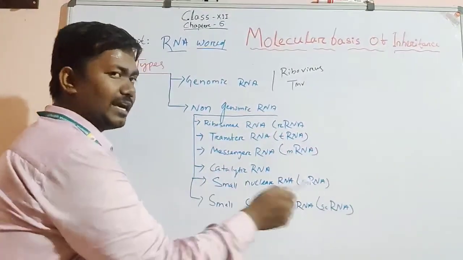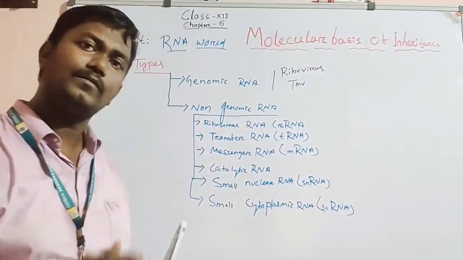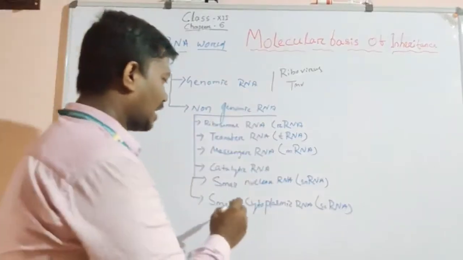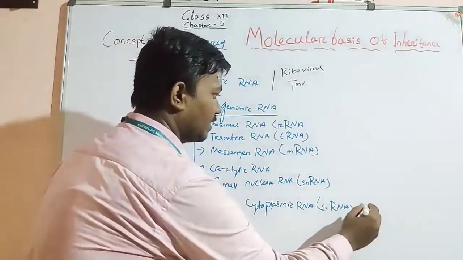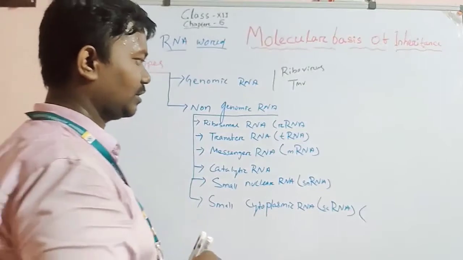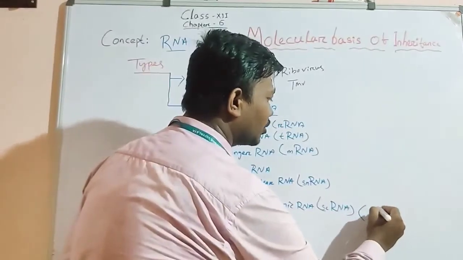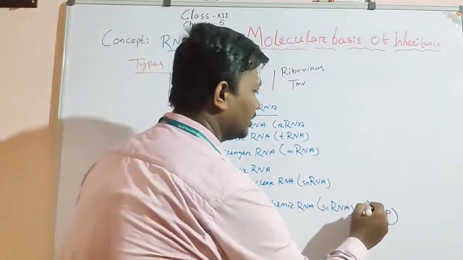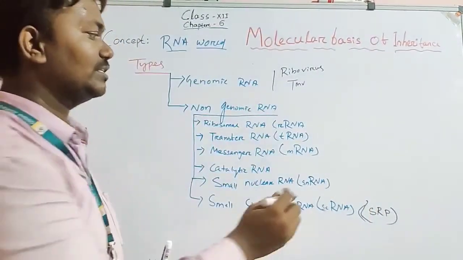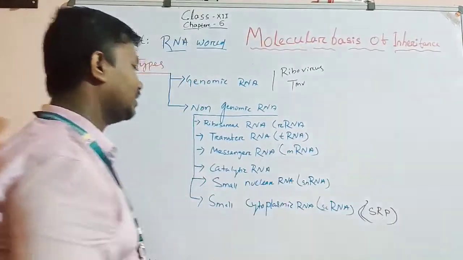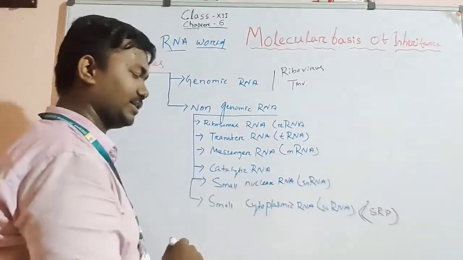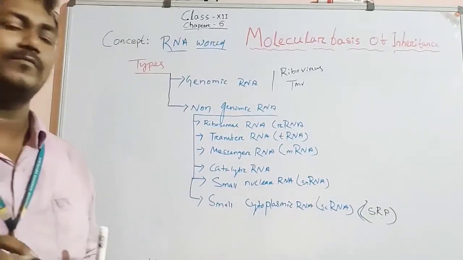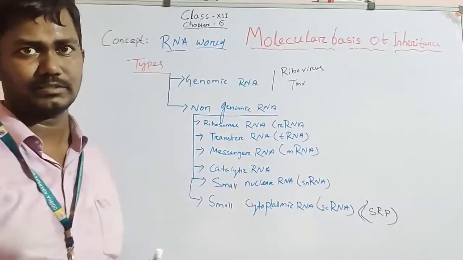Small cytoplasmic RNA is freely available in the cytoplasm and acts as a signal recognition particle. Small nuclear RNA is freely available in the nucleus.